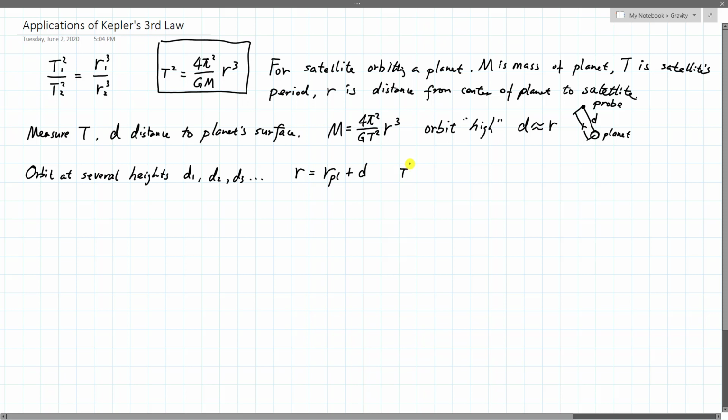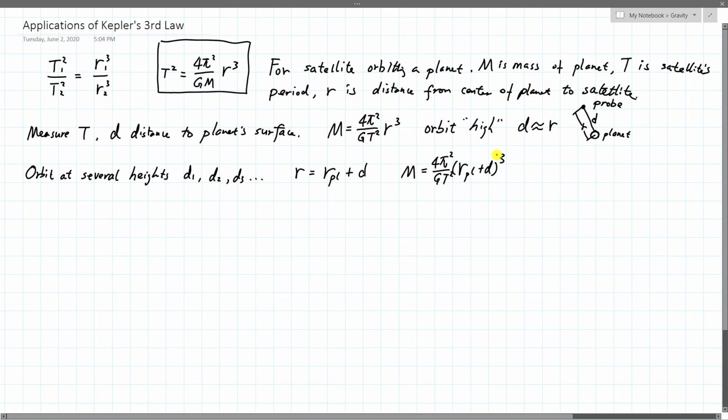if we write it this way, then t squared, let's just use m. M is equal to 4 pi squared over g t squared, and then r can be replaced by r planet plus d, cubed.